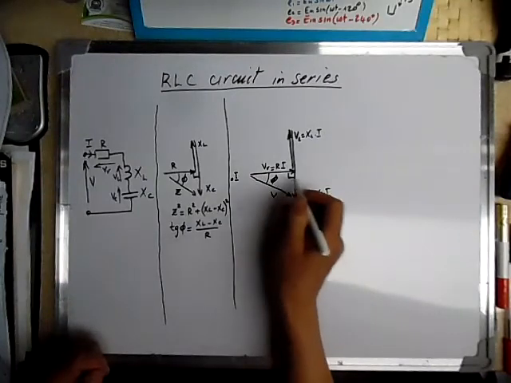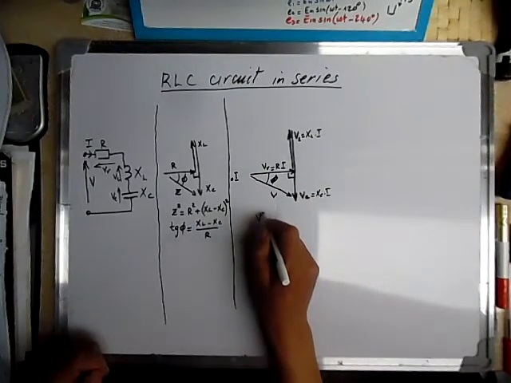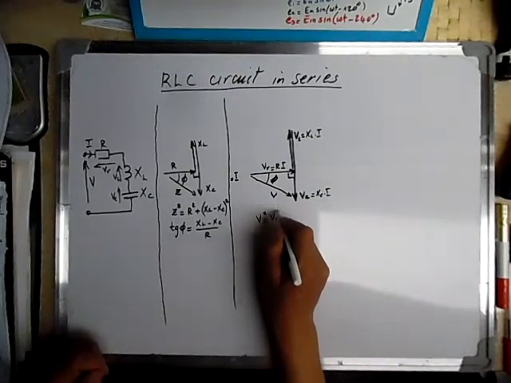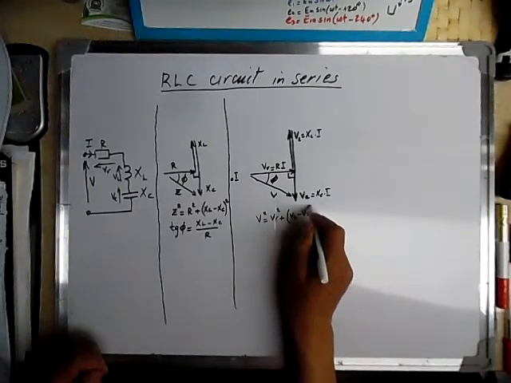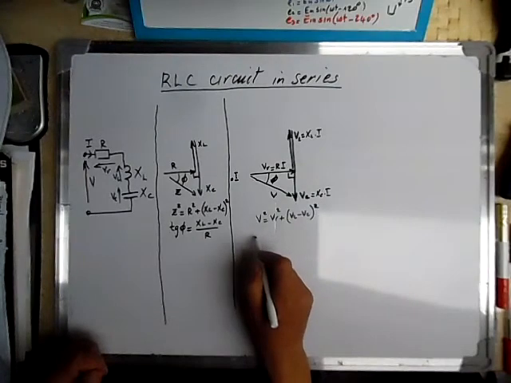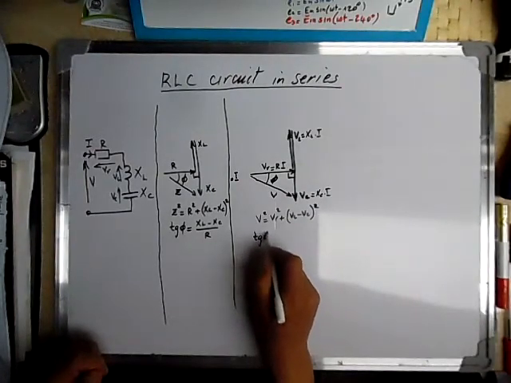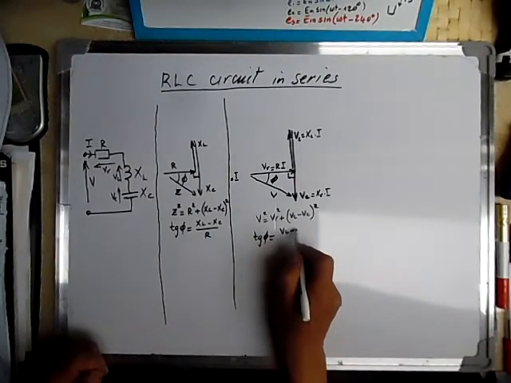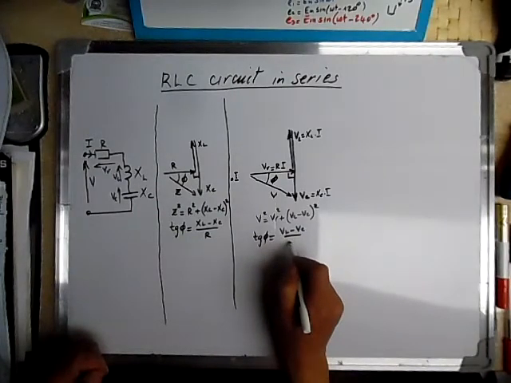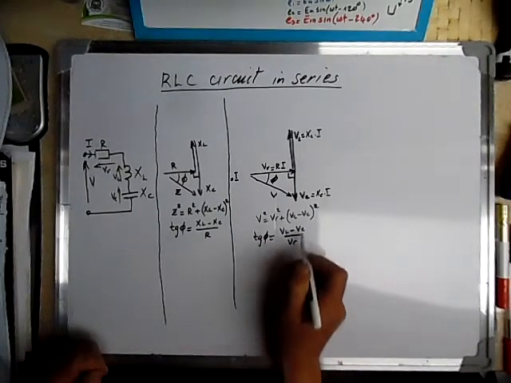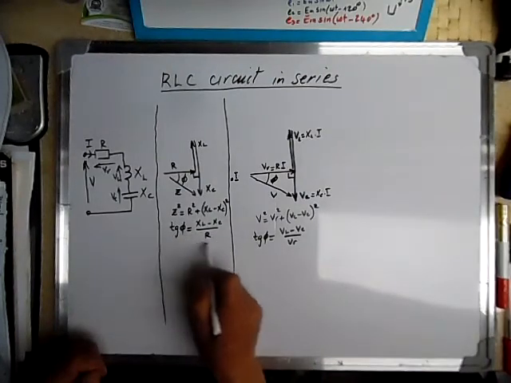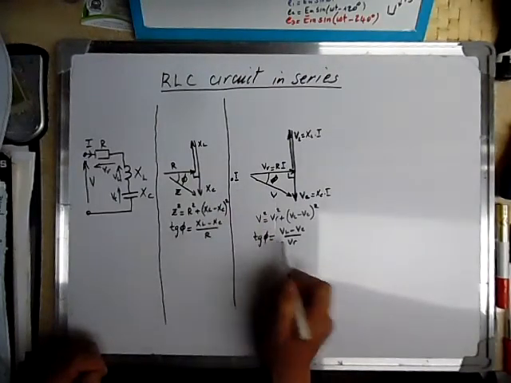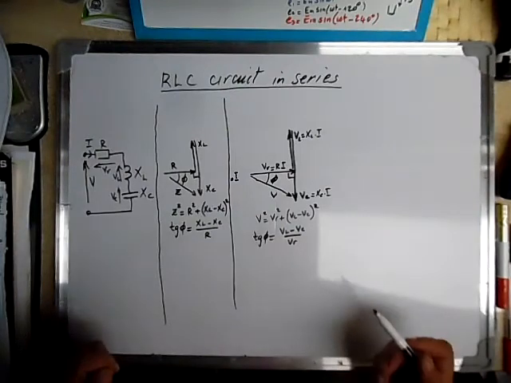We can also write that V squared is equal to VR squared plus the difference squared, and tangent phi is the difference of voltages over VR. But remember that it's the same, it's this one multiplied by I, we obtain it automatically.